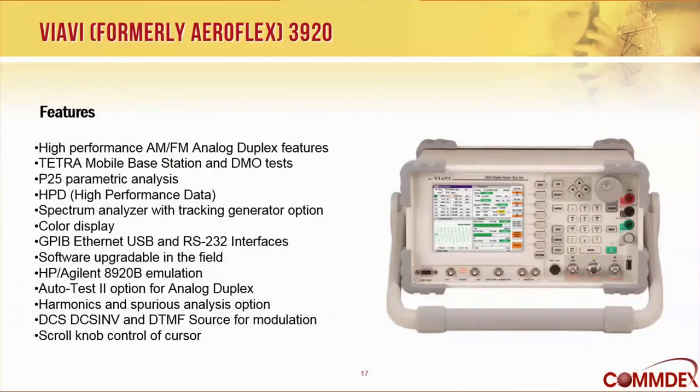You may recognize this one. Viavi is the company that bought Aeroflex, and Aeroflex is formerly Agilent, which was formerly HP. So it's gone through a lot of different changes.